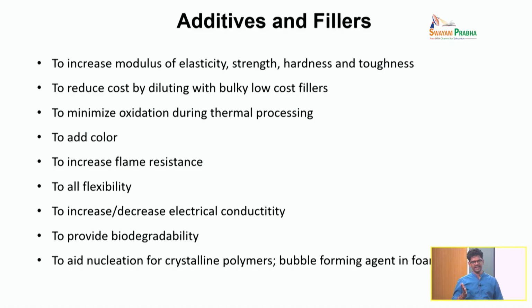Now this lists all the reasons why we would need fillers and additives. There are different reasons. Many times the polymer as such may not have the adequate strength or mechanical property that you need, right? So they add an additive to enhance the Young's modulus or elastic modulus of the polymer material. Sometimes you want to increase the strength, toughness, or hardness, depending upon the application.